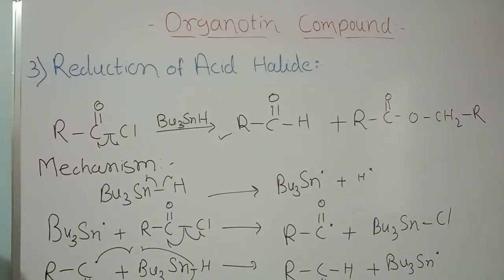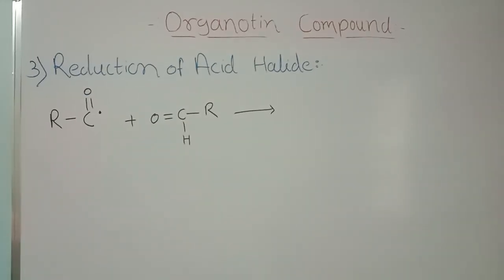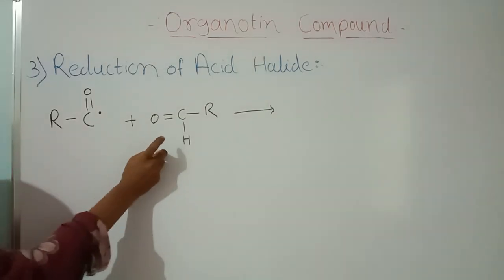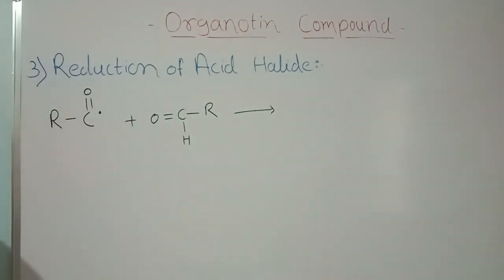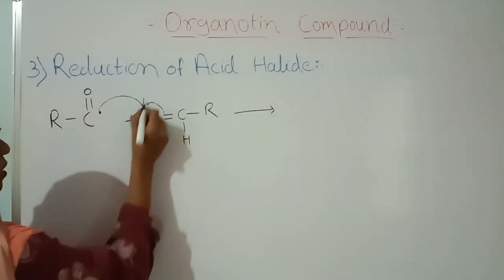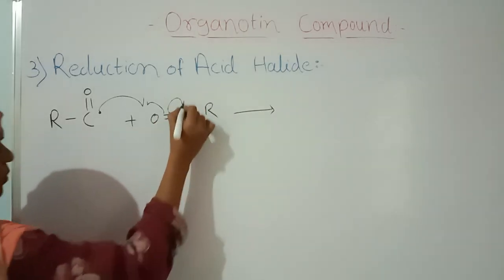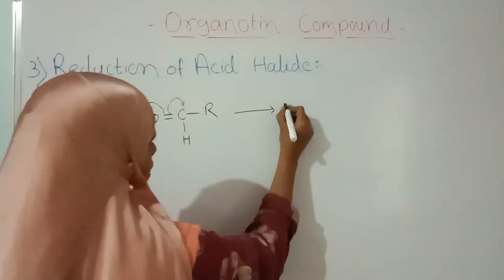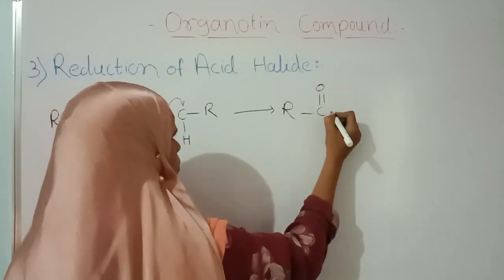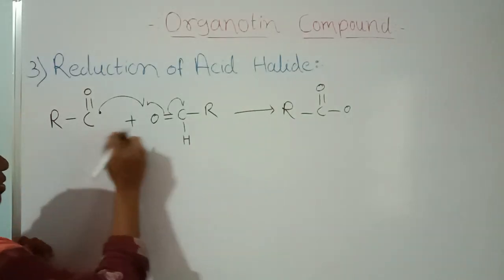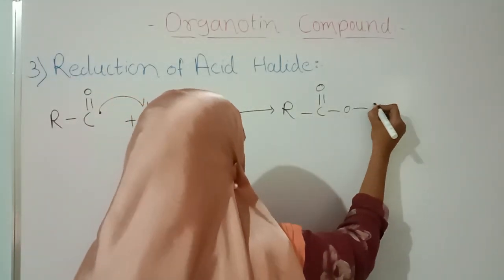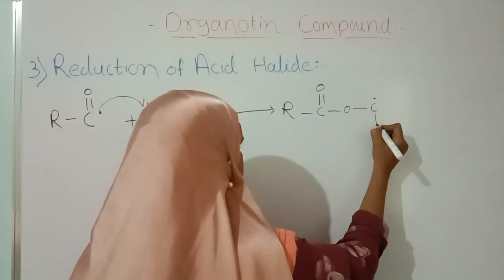In formation of ester, we discuss the formation of ester. Shall I rub this? In this, we have the acyl radical and aldehyde molecule. Then this radical forms a bond between the carbon and oxygen, forming a new radical on a carbon. Then we get RC double bond O, carbon and oxygen with a new single bond between them, and here forming the radical.